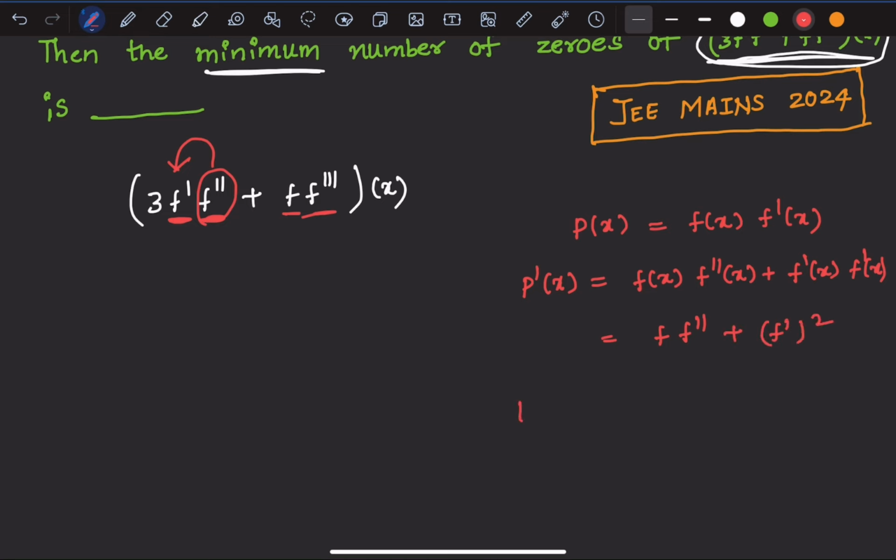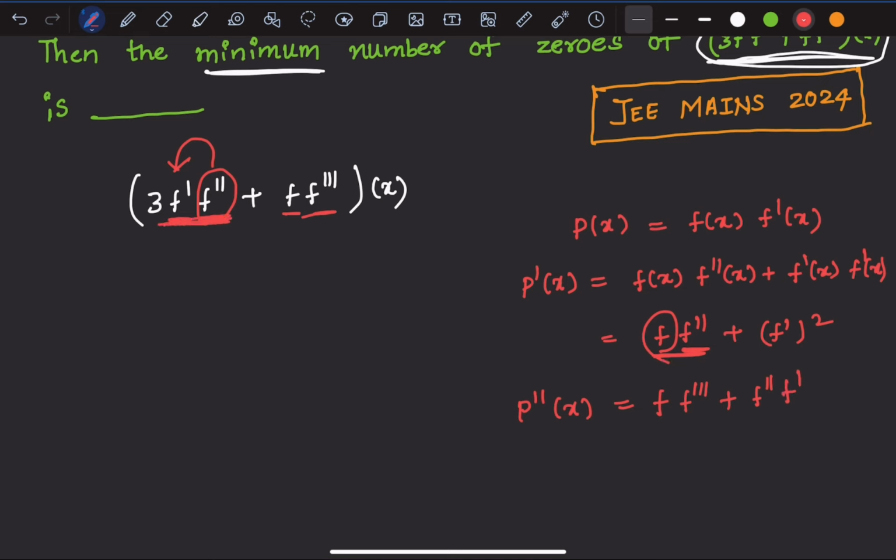Now consider p double dash of x. You have to differentiate this again. Let's differentiate this part first. Let us keep f as it is, and we'll differentiate f double dash of x, which will give us f triple dash of x. Now we will keep f double dash of x as it is, and we'll differentiate f of x, so that will give you f dash.